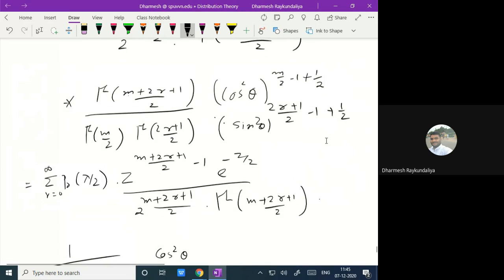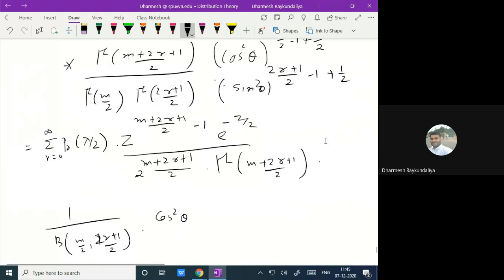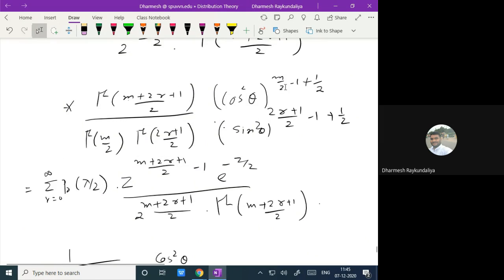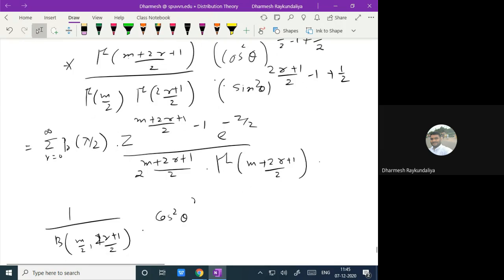What is cos square theta? It is m by 2 minus 1 by 2. That means you can say that m plus 1 by 2 minus 1 over m by 2. Okay, you can write m by 2 minus 1.